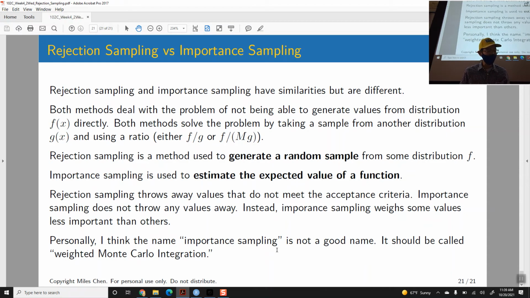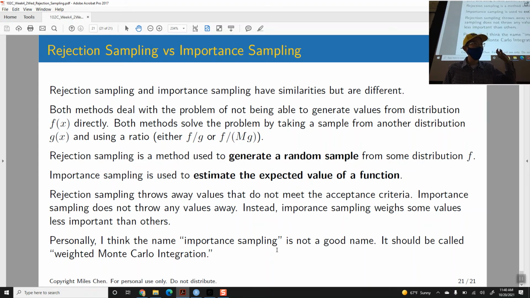The key difference is this. With rejection sampling, the goal is to generate a sample. You actually want the values that you're going to use, right? You want to know what values can I use if I want to sample from this target distribution f, okay? Whereas with importance sampling, you actually don't care about the values you've generated.